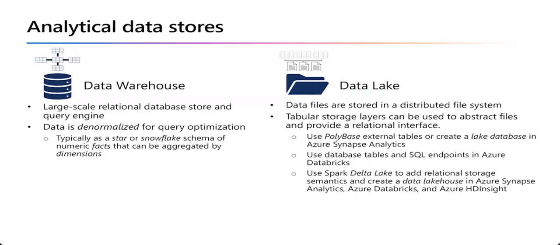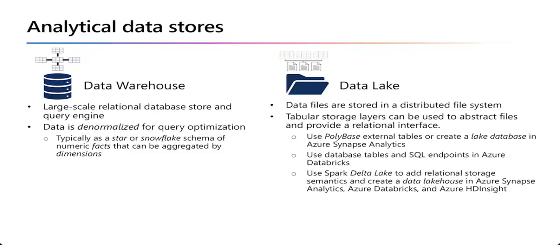A data lake is a file store, usually on a distributed file system for high-performance data access. Technologies like Spark or Hadoop are often used to process queries on the stored files and return data for reporting and analytics.